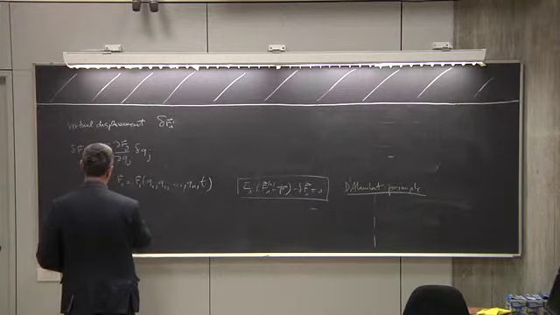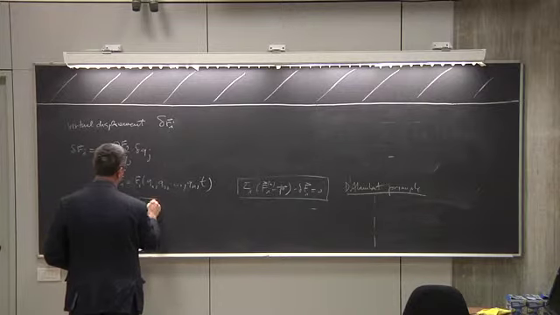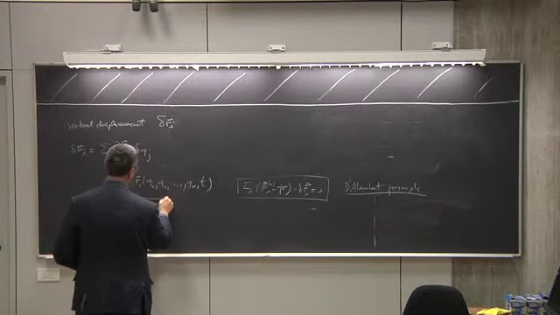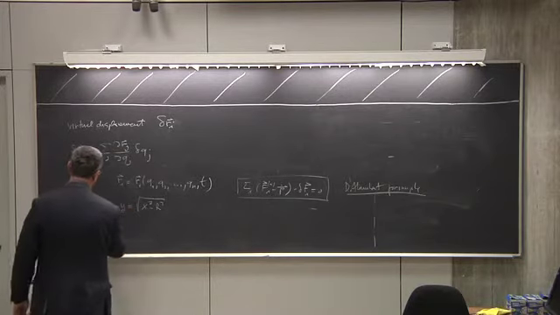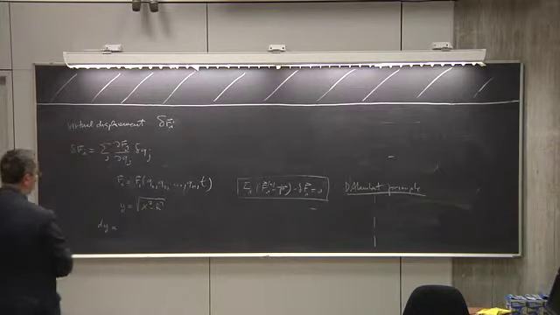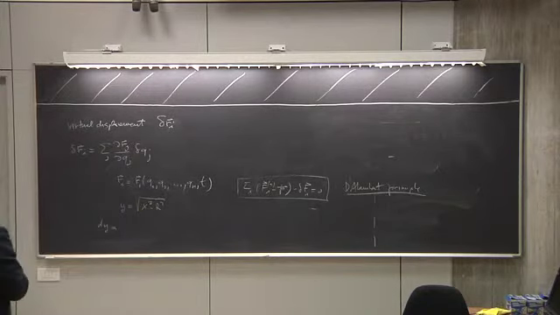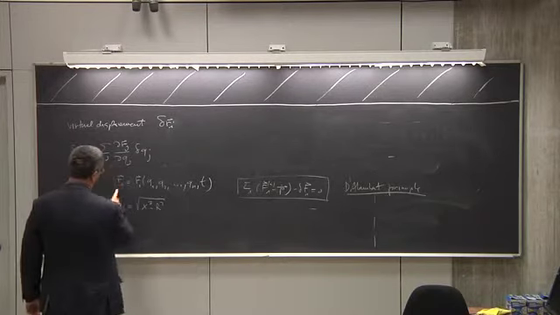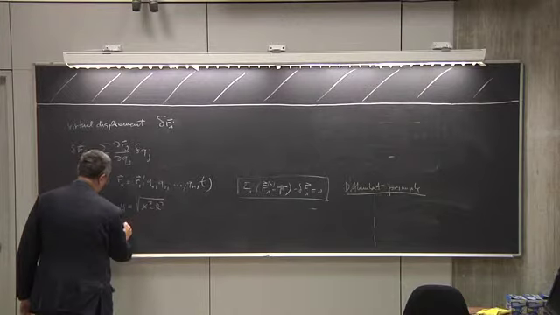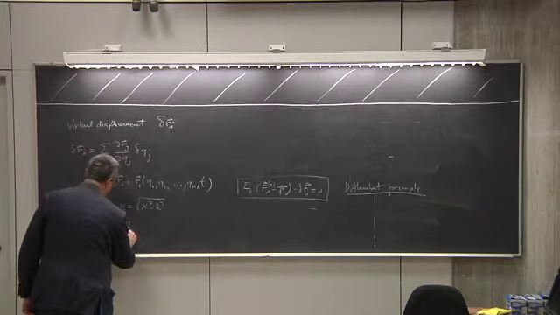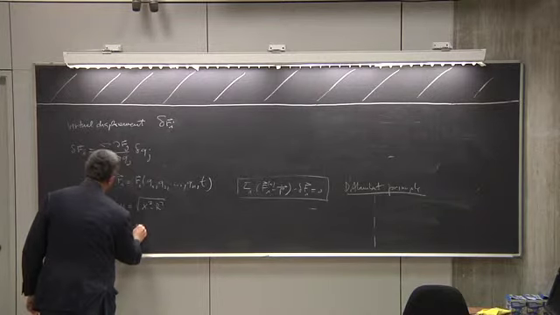It's like before. You had, for instance, y equal to the square root of x squared minus r squared. If you want to write dy as a function of this, how would you do that? This should be the partial derivative of y with respect to x times delta x.